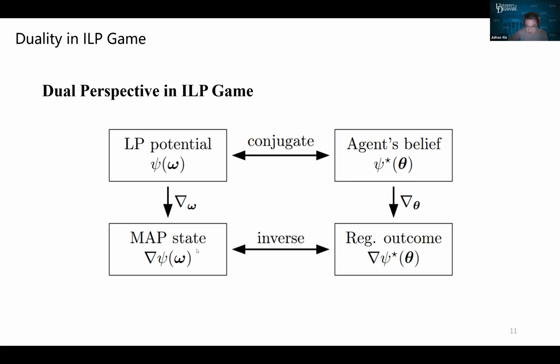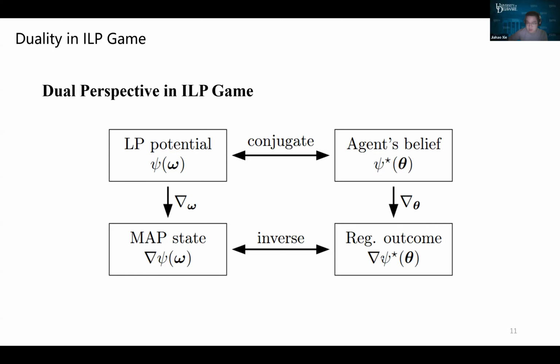On the other side, we have the regularized outcome, which reflects the system's uncertainty about the outcome. This regularized outcome represents the principal's perspective and aligns with the uncertainty.